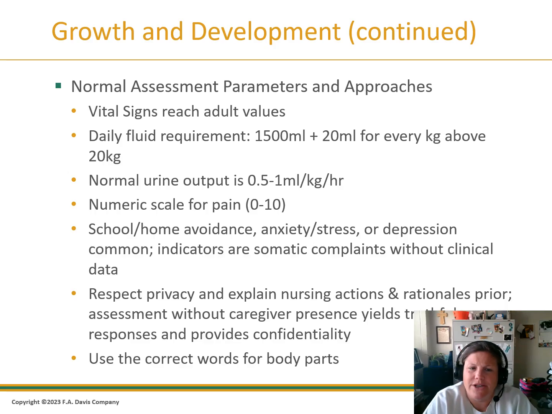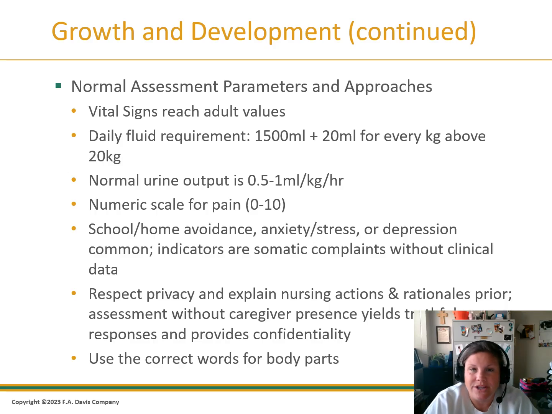We also talked about urine output when we talked about the school-age child, and maybe even the younger child as well. For adolescents, the urine output range is between 0.5 and 1 mil per kilo per hour.